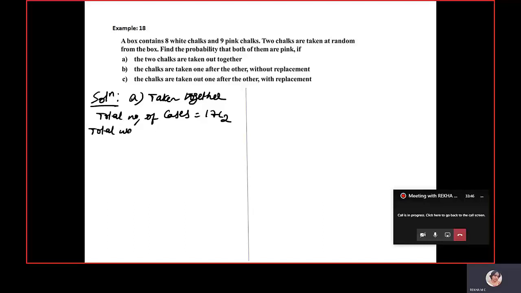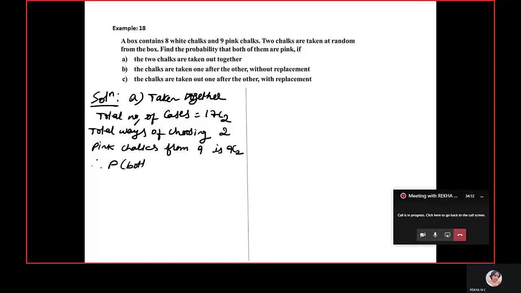The total ways of choosing 2 pink chalks from 9 pink chalks is 9C2. So therefore the probability of choosing both pink is equal to 9C2 divided by 17C2.